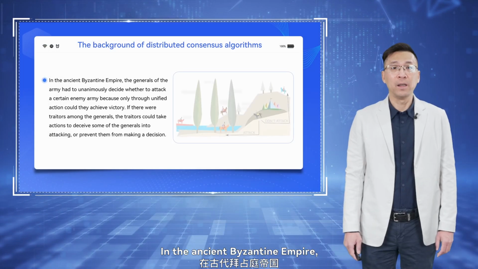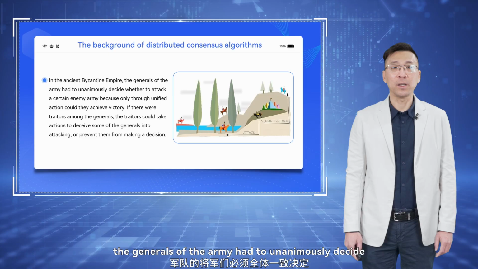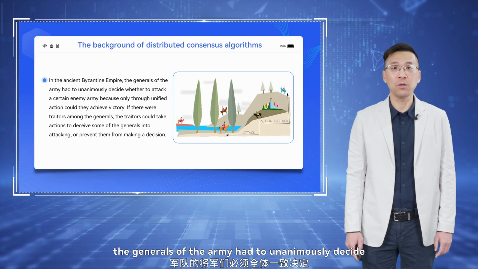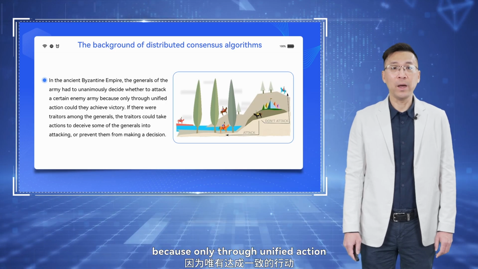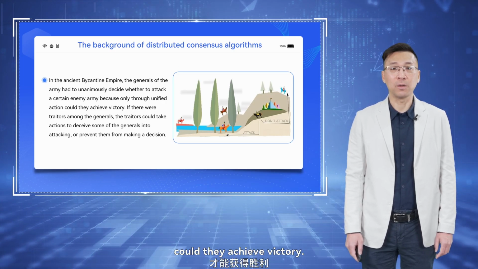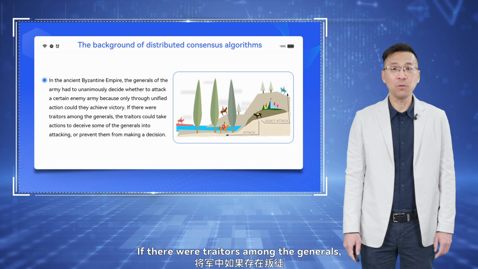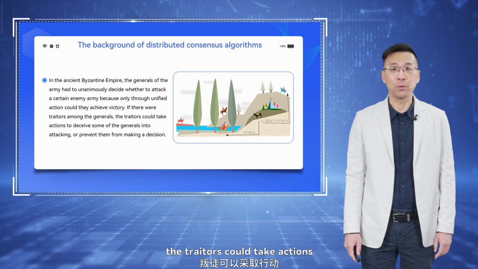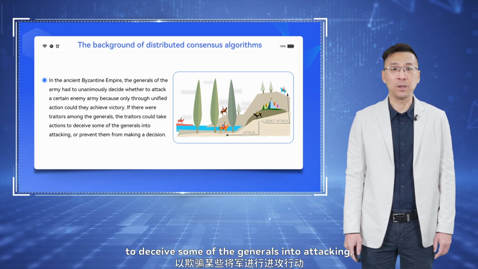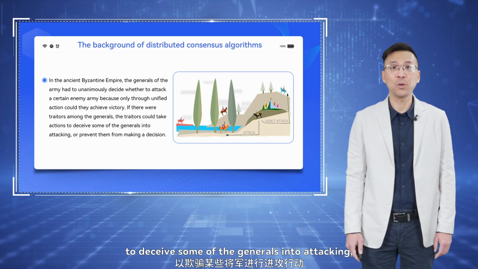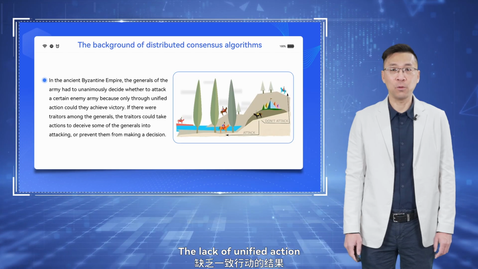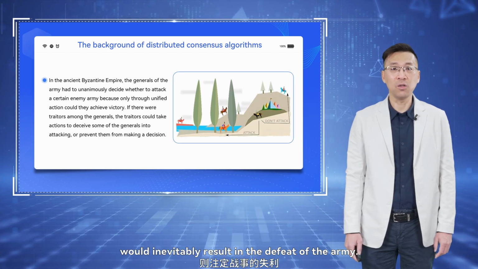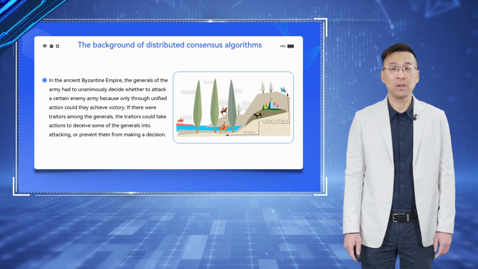In the ancient Byzantine Empire, the generals of the army had to unanimously decide whether to attack a certain enemy army because only through unified action could they achieve victory. If there were traitors among the generals, the traitors could take actions to deceive some of the generals into attacking or prevent them from making a decision. The lack of unified action would inevitably result in the defeat of the army.